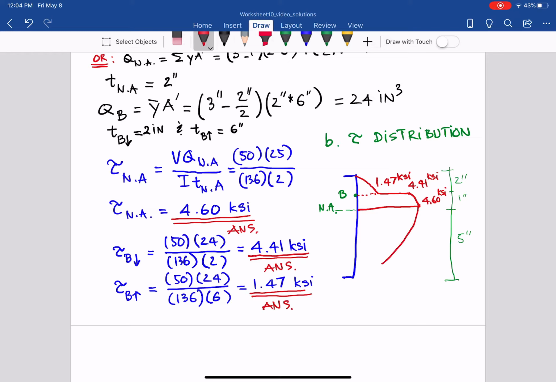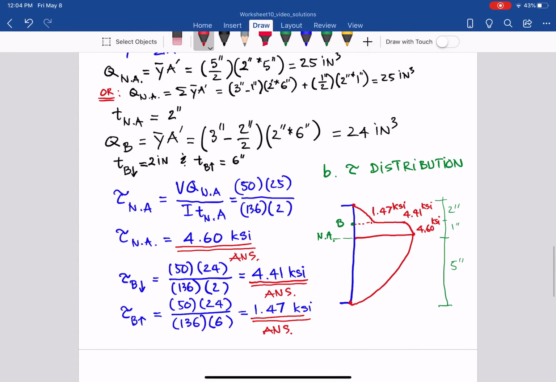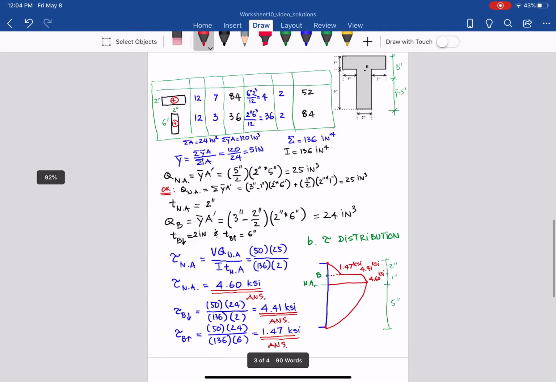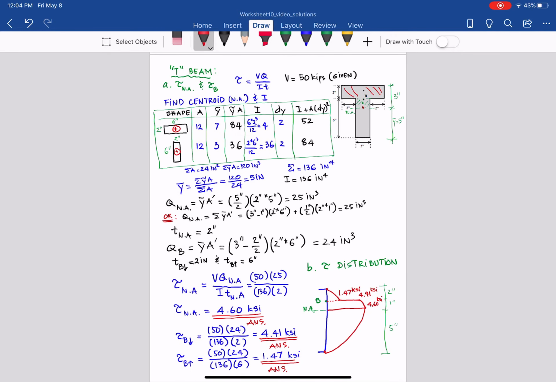So that should be the distribution for the bottom part, and 0 at the edge. So that is the distribution of transverse stress in the T-box. So with that, we're done with worksheet 10B.